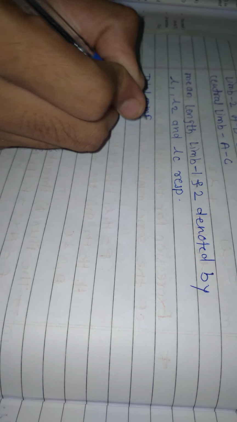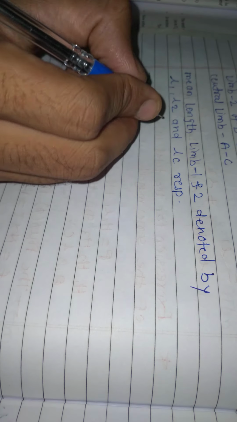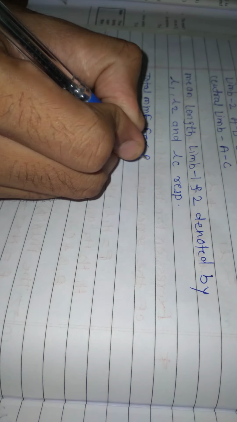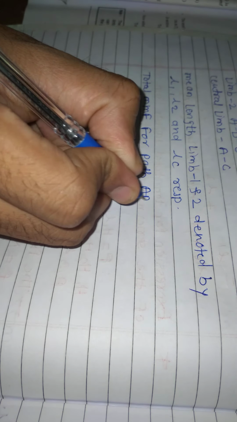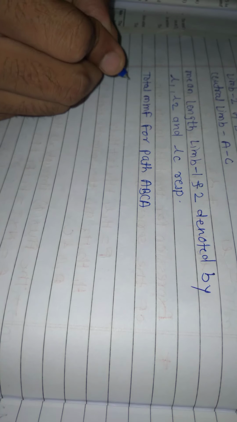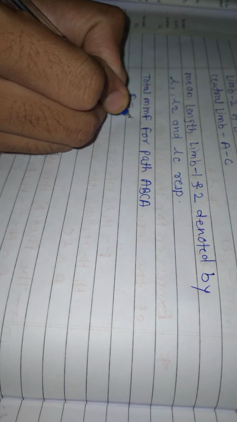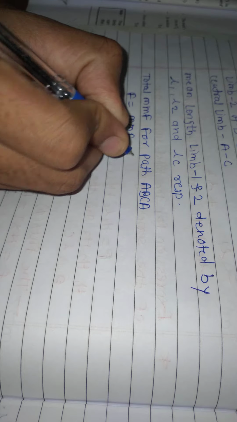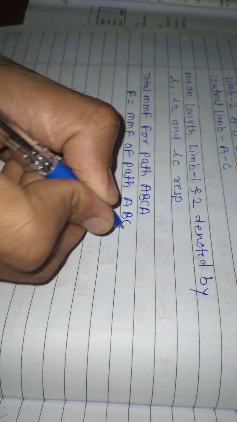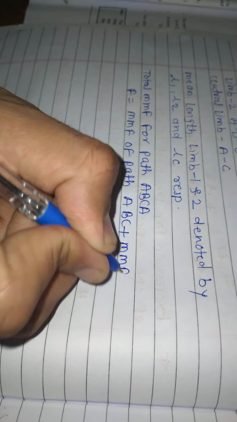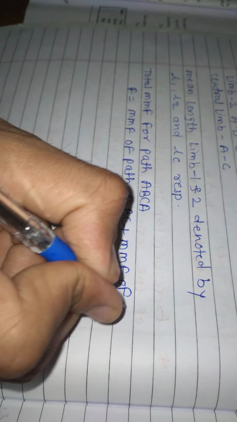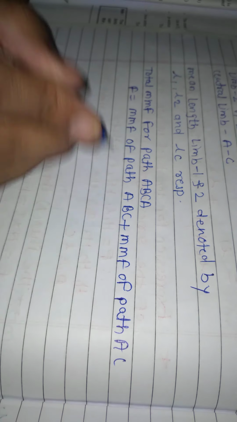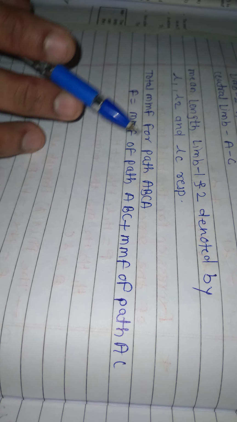Then the total MMF for path ABCA is given by F equals MMF of path ABC plus MMF of path AC, the central limb.